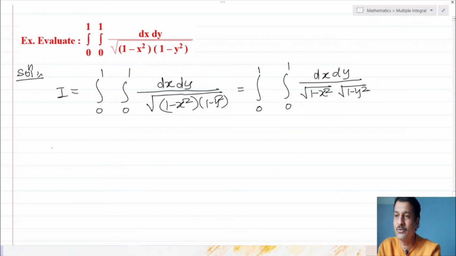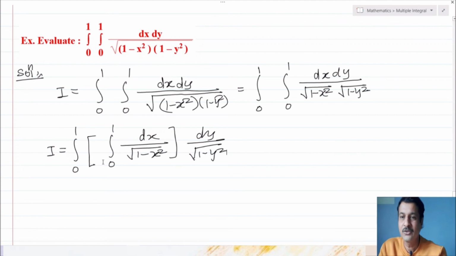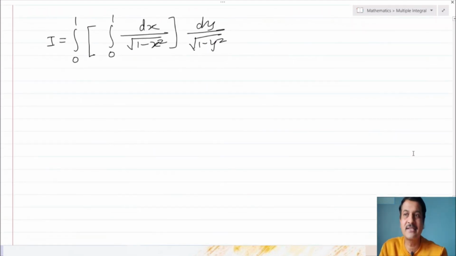So first we have to consider integration with respect to x. So only x inside, remaining outside: 0 to 1, dx under root of 1 minus x square, and dy upon under root of 1 minus y square is constant outside.